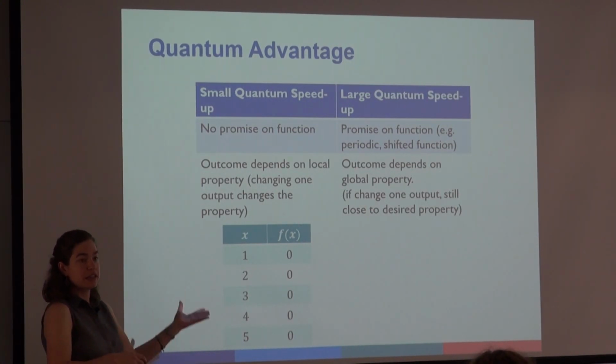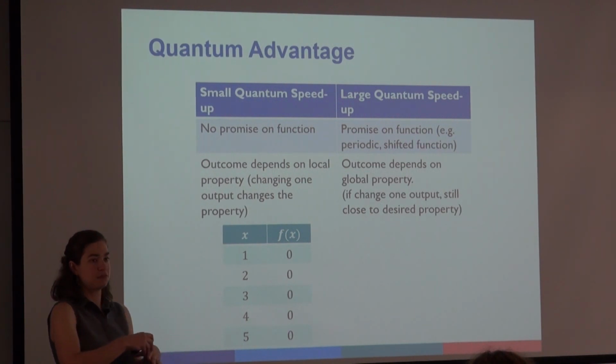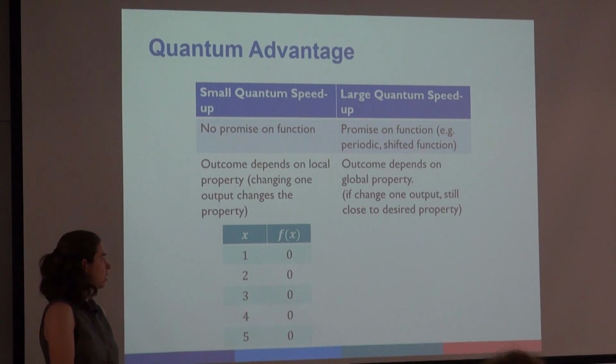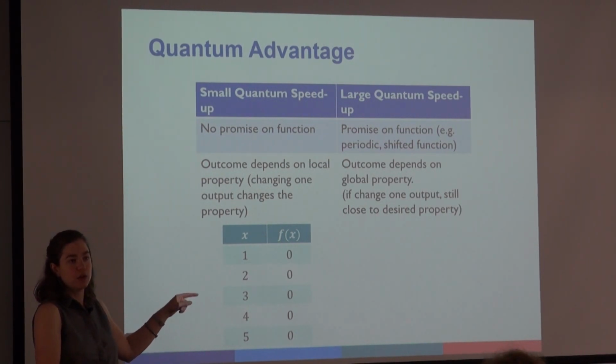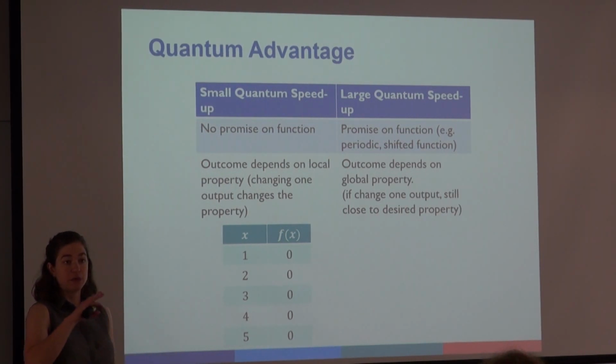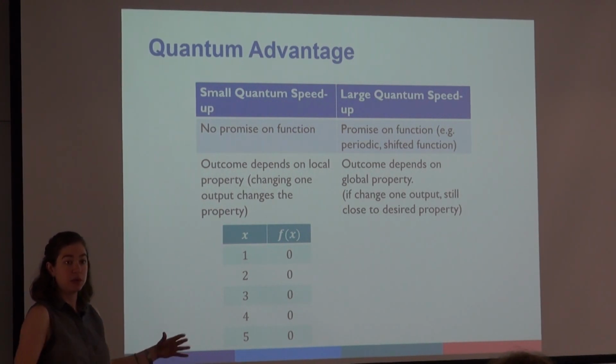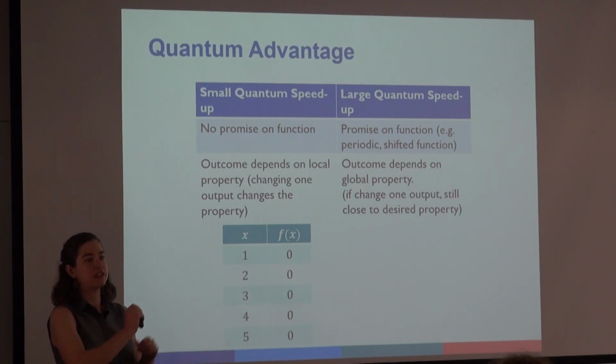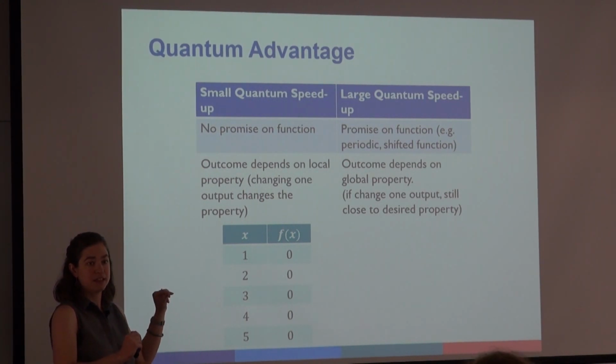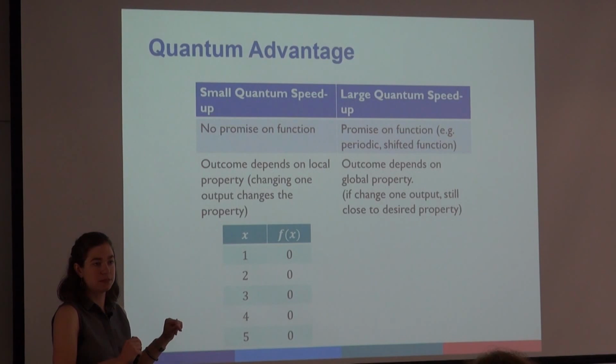In the case of search, there are no ones, and in the case of parity, it's even. But now if I were to change any single one of these zeros to a 1, that would flip the value of both properties, right? I would go from having all zeros, and now suddenly there would be a 1. So just changing one of these bits, and I can change one of those bits anywhere in the function, I change the property. So this property is somehow very sensitive to every single piece of information that the function has.